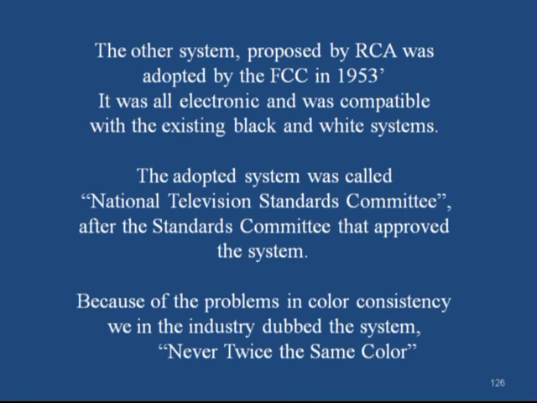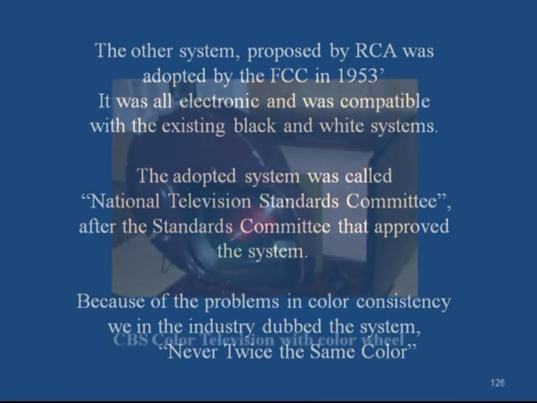Because of the problems in color consistency that we had in broadcasting, I recall that Chiquita Bananas were trying to get the banana yellow, and we couldn't reproduce the yellow of a banana. We never got twice the same color. Well, through the years, with development in Germany and other areas, that was corrected. So the color television you see later on and today is pretty darn good.